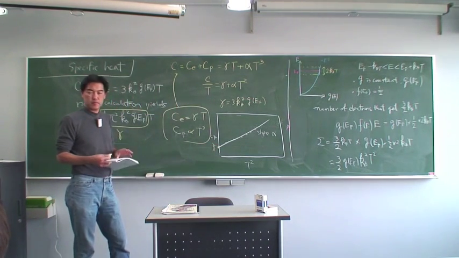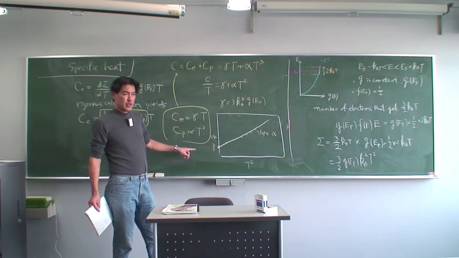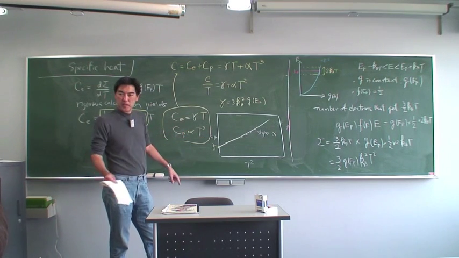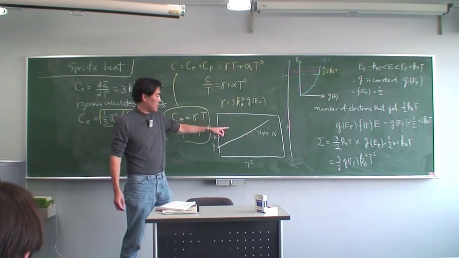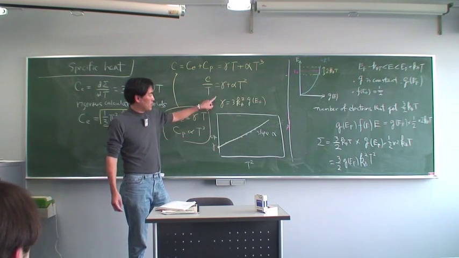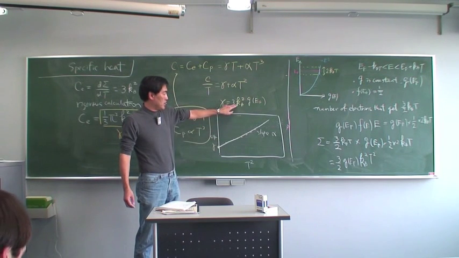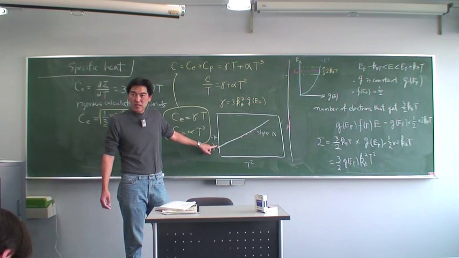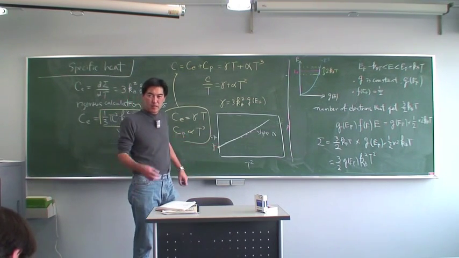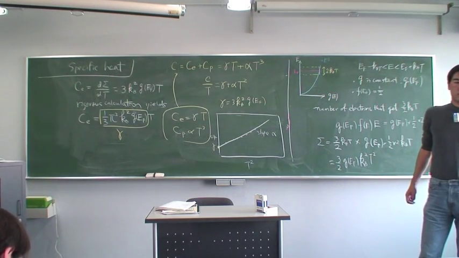So by measuring specific heat as a function of temperature, one can get gamma, and with gamma, you can get the density of states at the Fermi level. Remember, this is just a constant, so this is a measurement of the density of states at the Fermi level.